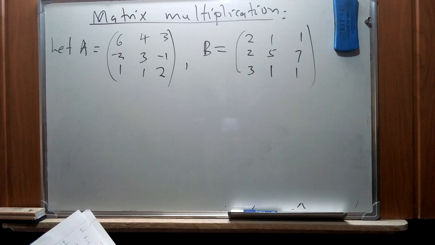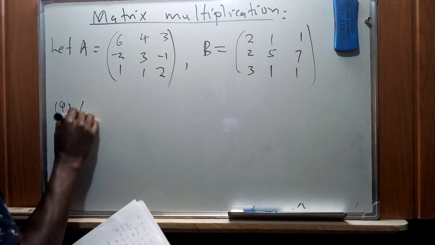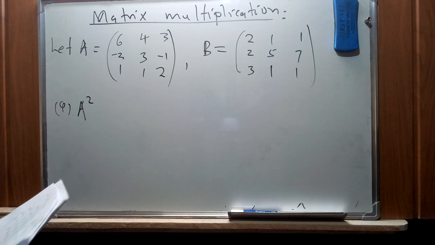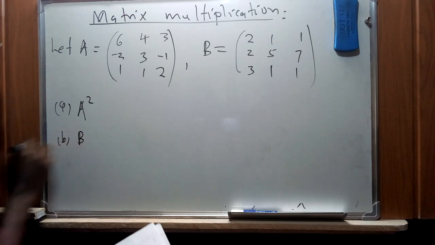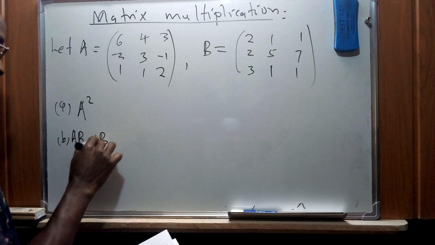Then we find the matrix products AB and BA.